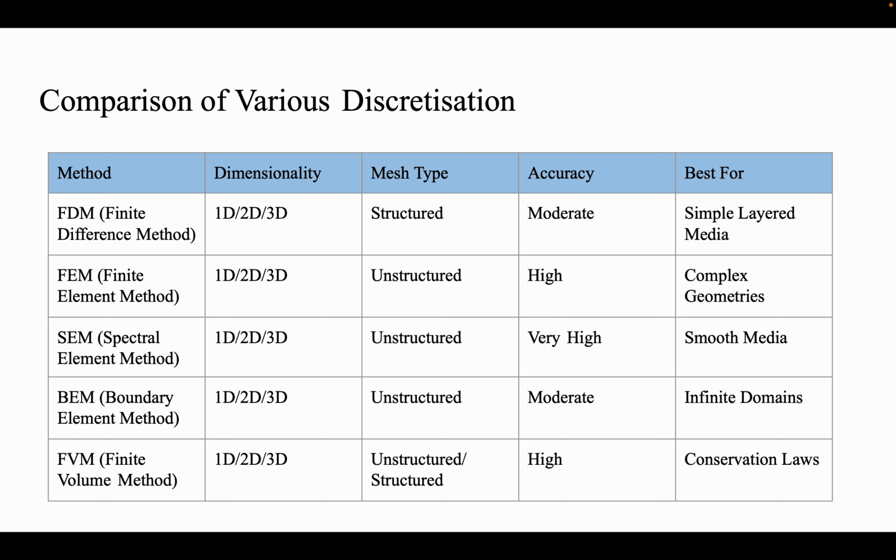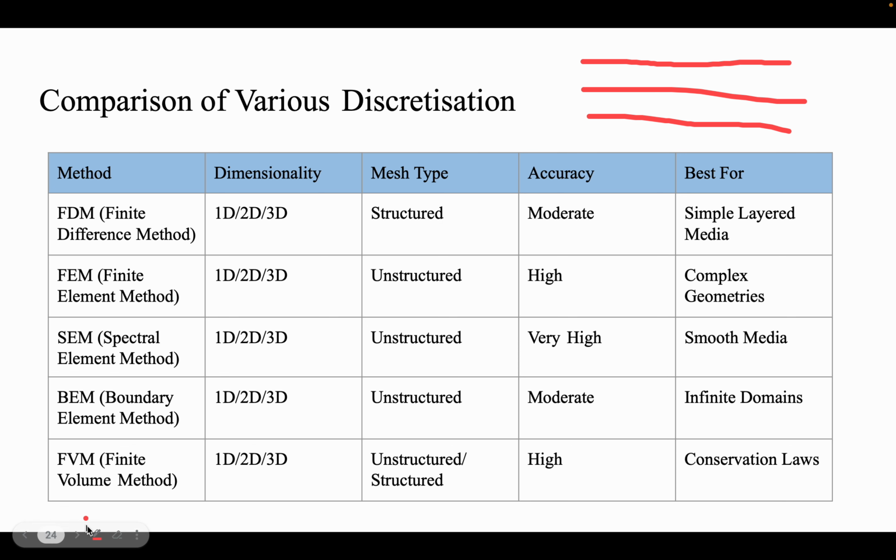in order to reduce the computational cost. Also you can imagine that, let's say, this is my surface, and these are my layers which are almost the same in nature, and then let's say I have an anomaly located here, right?